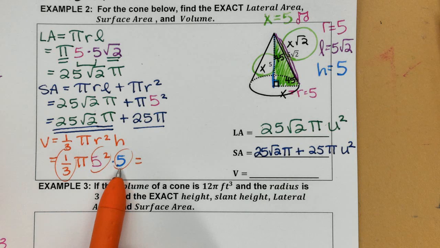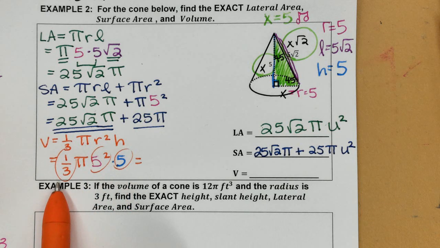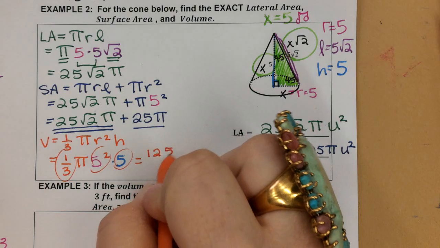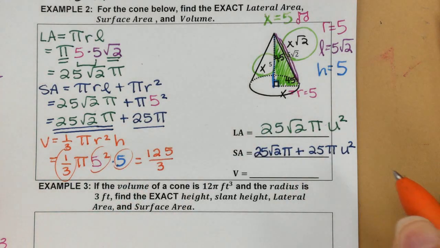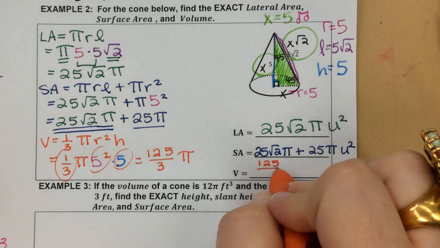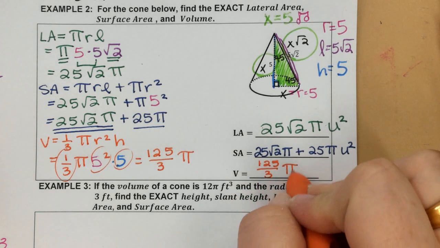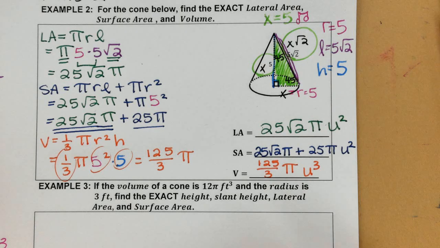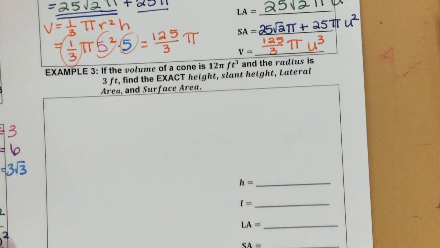But if I try to divide 125 by 3, it's a decimal. So we leave this as a fraction. So you will leave it as 125 over 3 pi. And you should have a couple of problems on your assignment that do end up as a fraction.